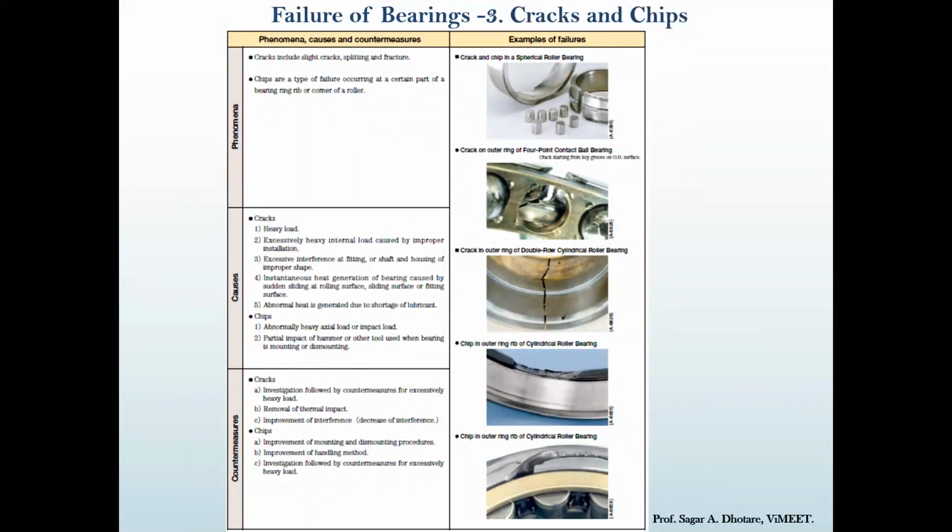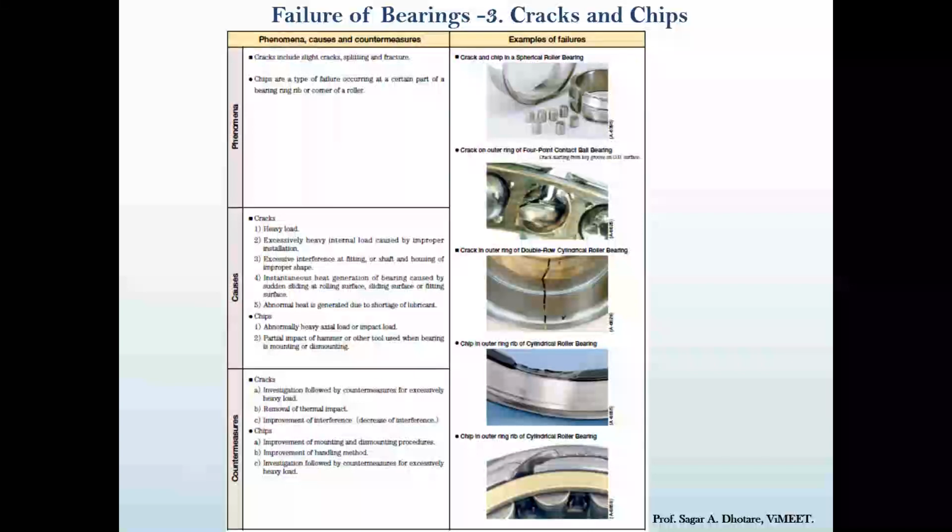The cracks can occur because of heavy load, excessive internal stresses, excessive interference at the fitting on the shaft and housing, and also improper shape. So these are the reasons why this can happen.